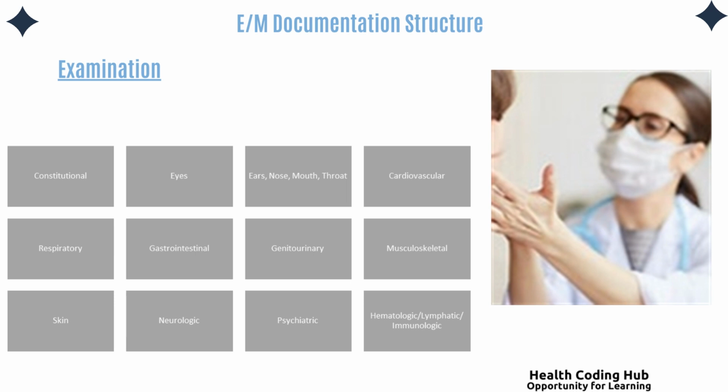Documentation requirements for the physical examination will include the constitutional, eyes, ear, nose, mouth, cardiovascular system, respiratory system, gastrointestinal system, genitourinary system, musculoskeletal system, skin, neurological system, psychiatric system, hematological system.